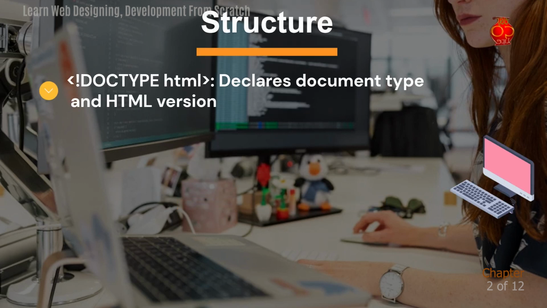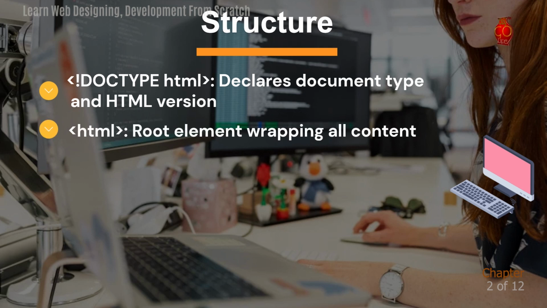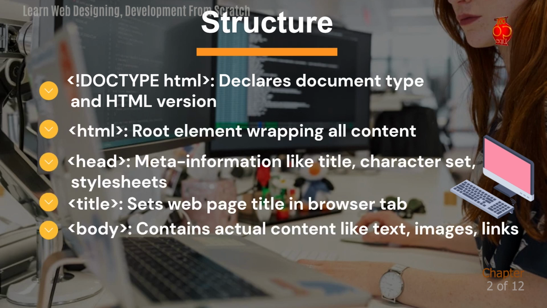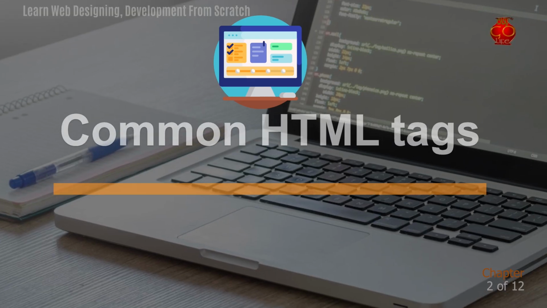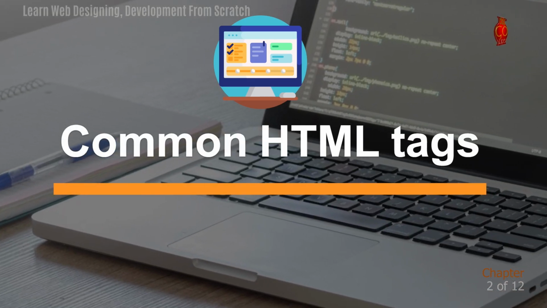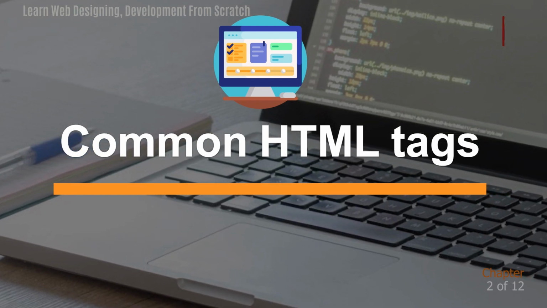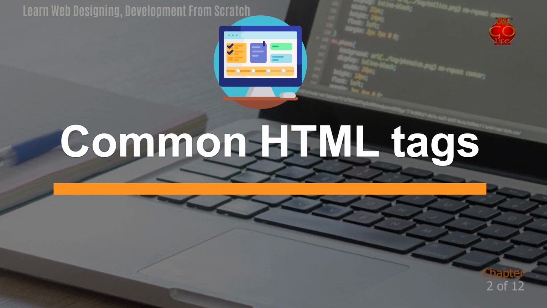An HTML document has a specific structure that helps browsers understand and display the content correctly. Here's a simple breakdown. When building web pages, understanding and using common HTML tags is essential. These tags are the building blocks that help you structure and format your content.